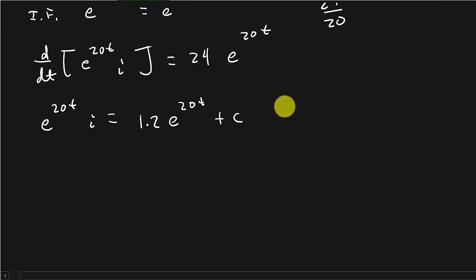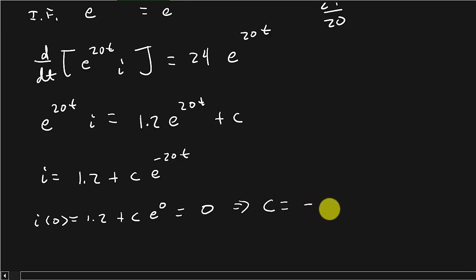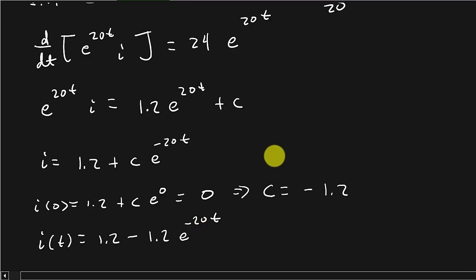All right, so I get I is equal to 1.2 plus c e to the negative 20t. And we know I of 0 is 1.2 plus c e to the 0, and that is equal to 0. So this tells me c is equal to negative 1.2. So I get I of t is equal to 1.2 minus 1.2 e to the negative 20t.